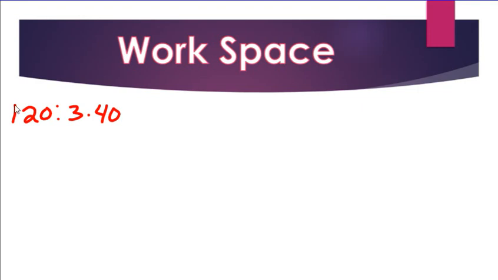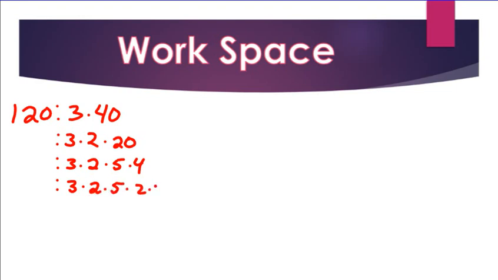And then I can break down 40. 40 can be 4 and 10, or let's do 2 and 20. And then we can break down 20. So we got our 3, we got our 2, and then we have our 5 times 4. And then we can break that down even further. 3 times 2 times 5, and then this is 2 times 2.